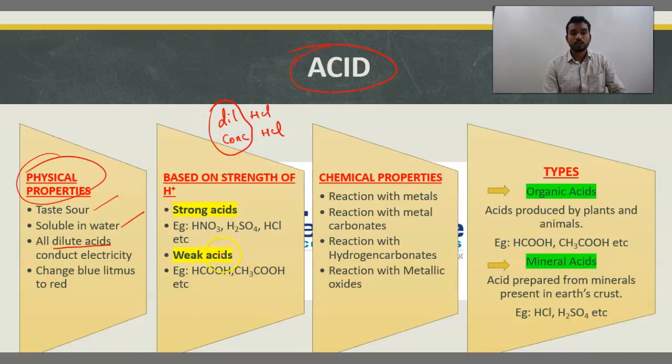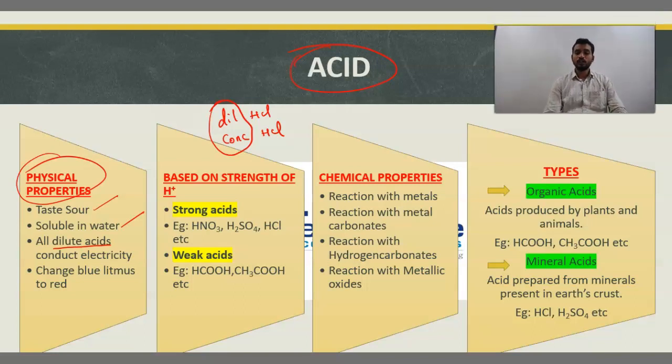Are you getting it? So dilute acids and concentrated acids. See children, I'll give one small example. What is the difference between dilute and concentrated? Some acids we call dilute acids and some acids we call concentrated acids, right? Now let me see what is the meaning of dilute and what is the meaning of concentrated.